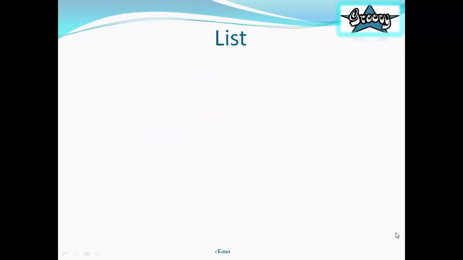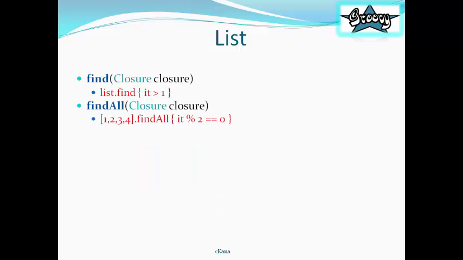Let's study some more methods. We have a find method which finds the first value matching the closure condition. We have the findAll method which finds all the values matching the closure condition. Then we have the flatten method which flattens a collection.